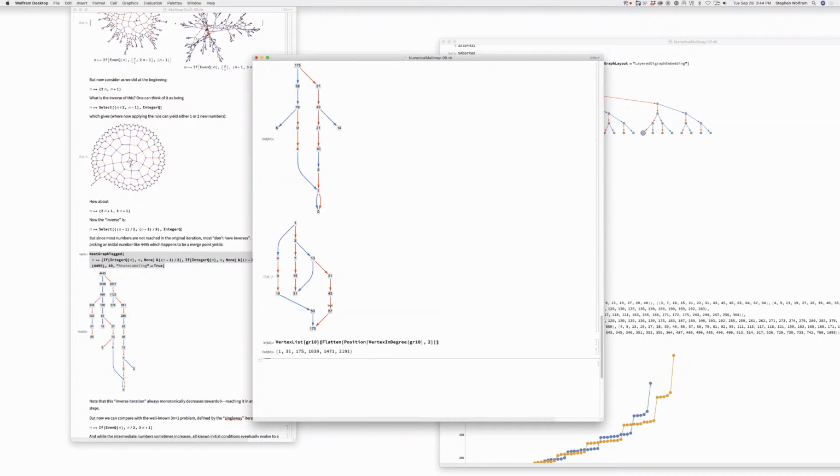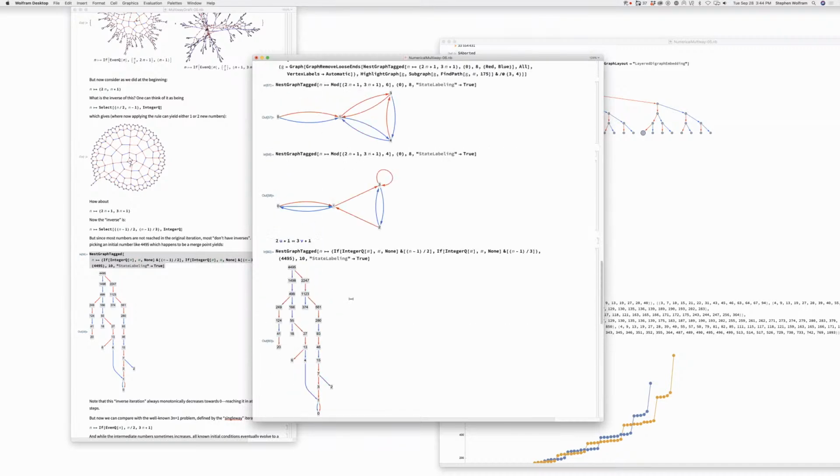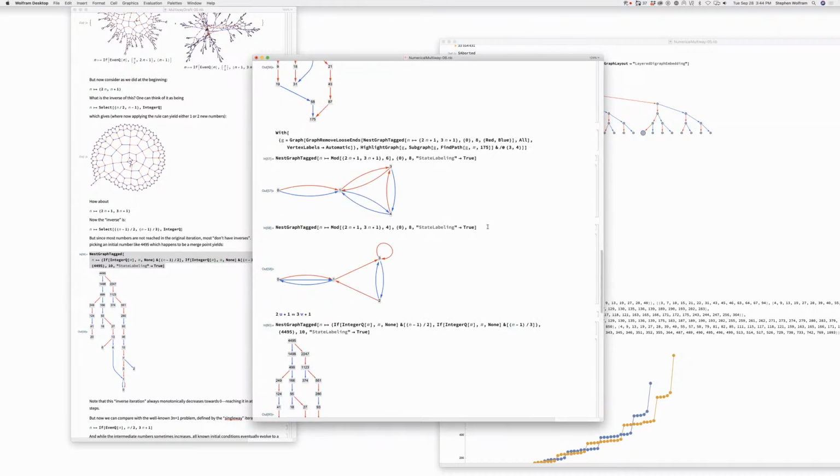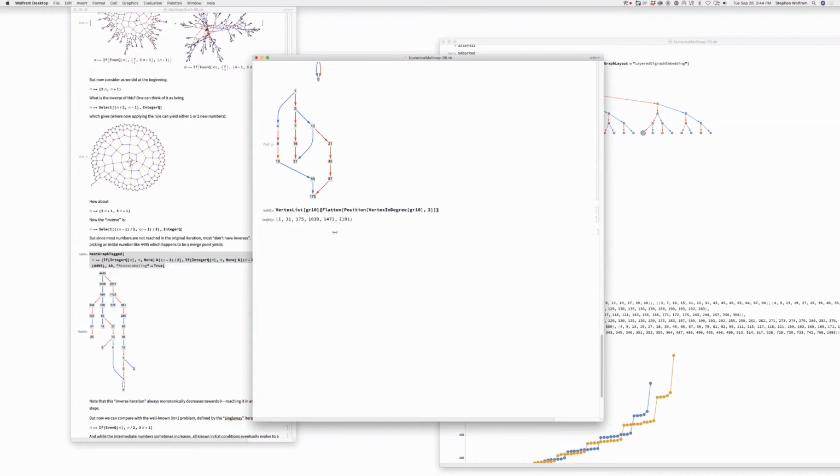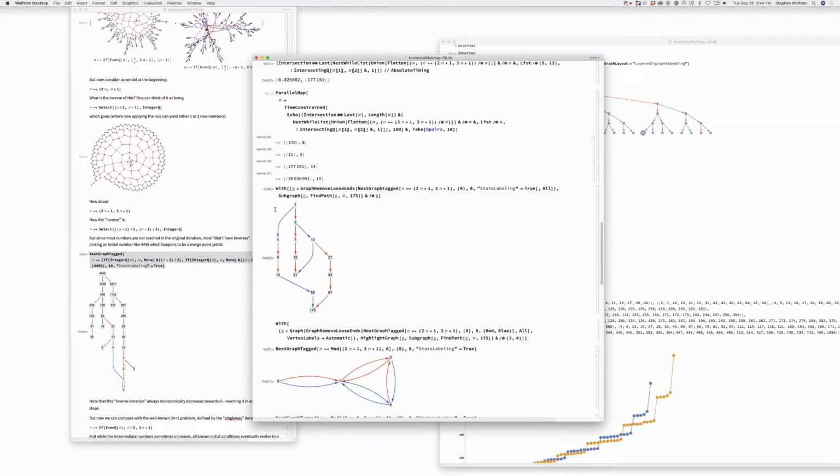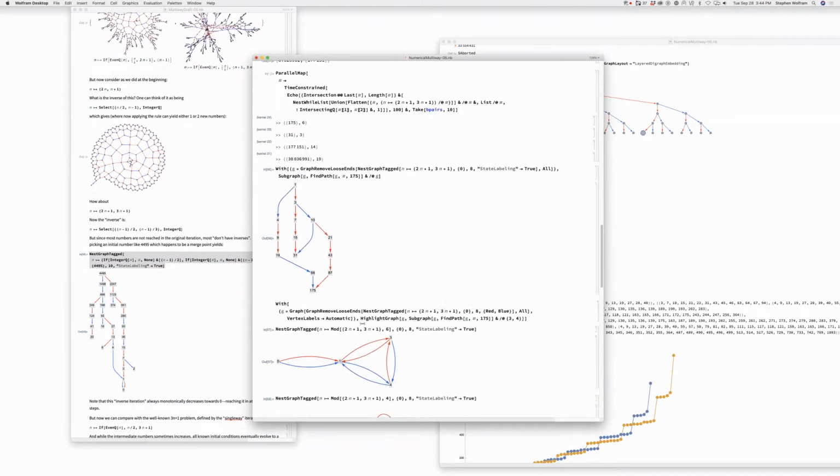Okay, so first point is, let's walk through this. Let's get a bigger version of this. Hold on one second. I need to get a big version of this thing.